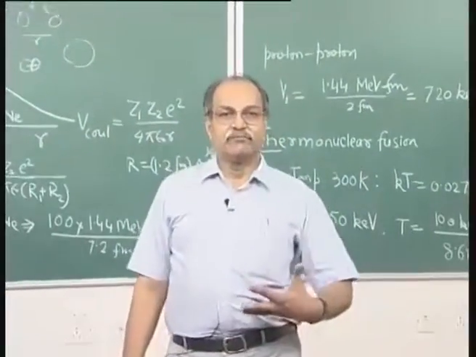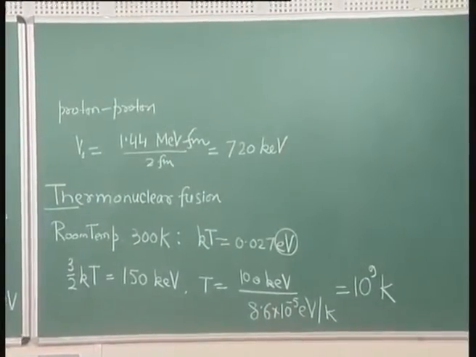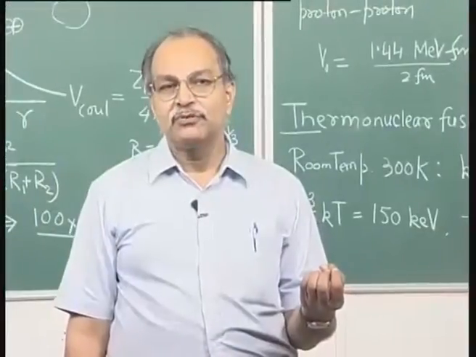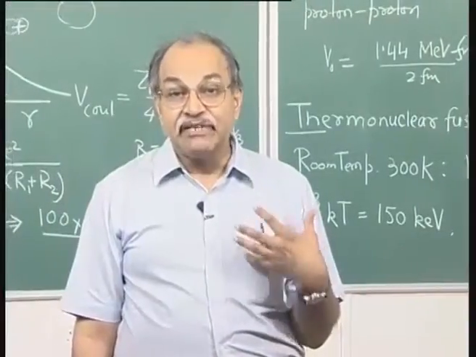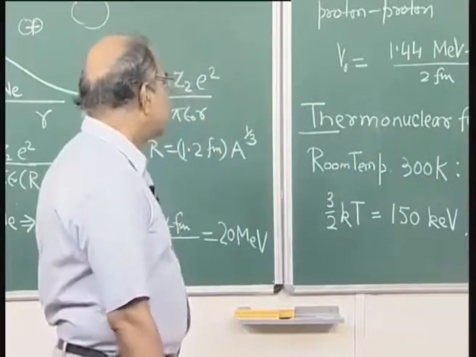This is a very high temperature. The temperature at the core of the sun is around 1.5 into 10 to the power 7 Kelvin. So, 2 orders of magnitude less.